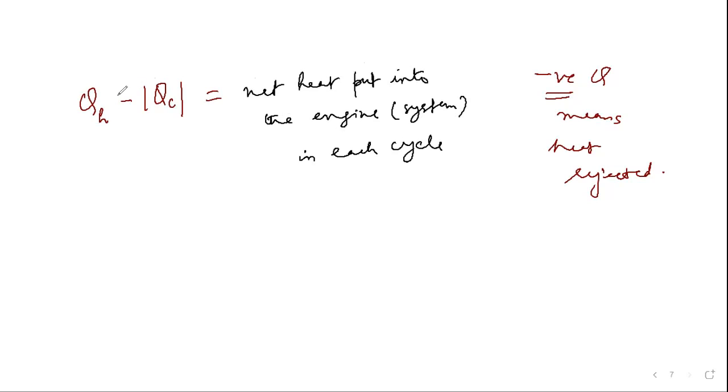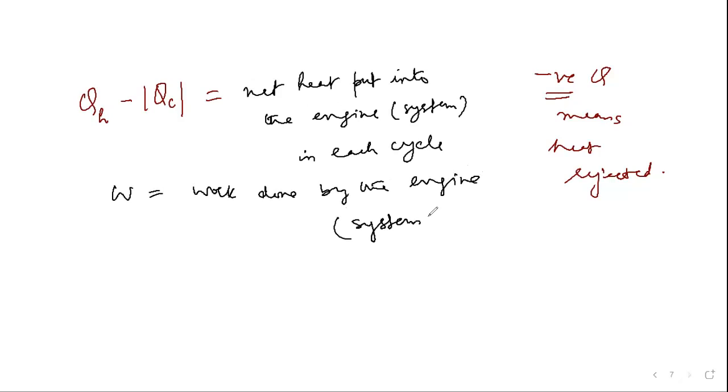So I've subtracted. This is my net heat put into the system, which is engine, in each cycle. And what is W? W is work done by the engine, which is my system, in each cycle, right?